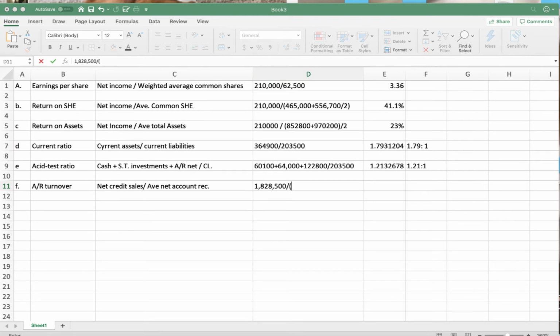So we need to go to the balance sheet for that, and we find our accounts receivable net. We have $102,800 for the end of 2016, and we have $122,800 for 2017. So if I want the average of those, I'm going to add them up and divide by 2.